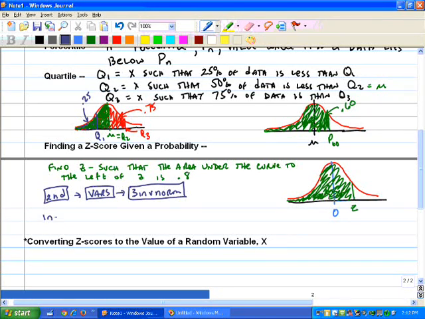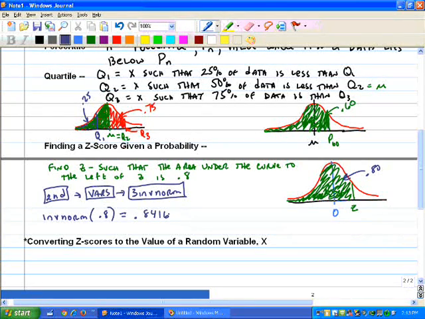What you'll see in the calculator is inverse norm, open parentheses. To find a z-score, all you have to do is enter the area that you're looking for to the left of the z. In this case, 0.8. Here, the calculator gives us a z-score of 0.8416.